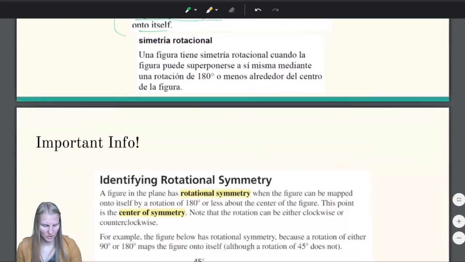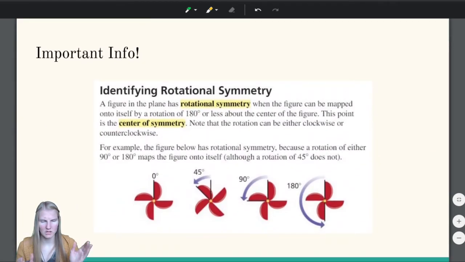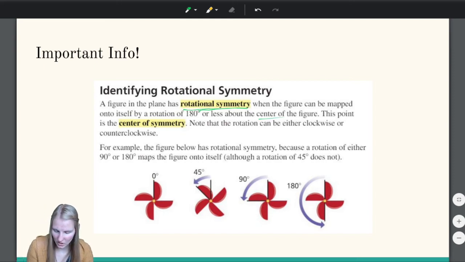Now, we're going to talk more about rotational symmetry on this slide. A figure in the plane has rotational symmetry when the figure can be mapped onto itself by a rotation of 180 degrees or less about the center of the figure. The center of the figure is called the center of symmetry.